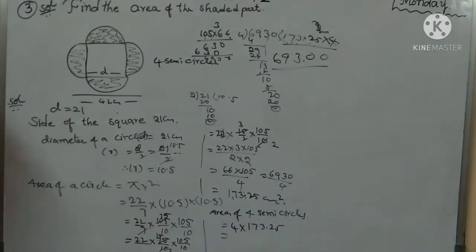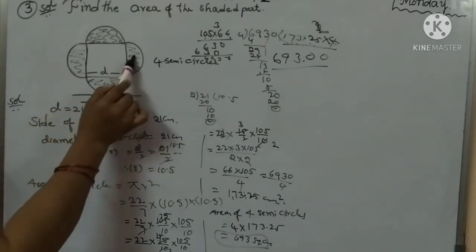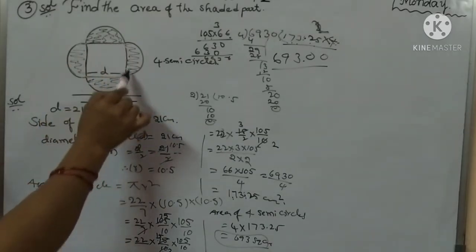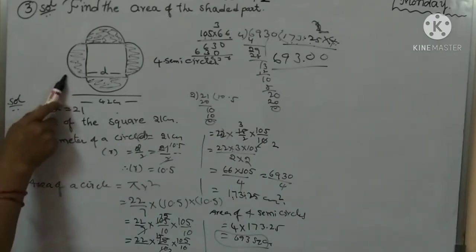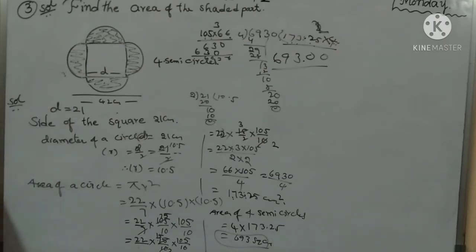So it is a 693 square centimeters. What is this 693 square centimeters? It is the area of the 4 shaded parts. Okay children, first we will find the area of a semicircle, then after that all shaded parts. Okay, did you understand this one?